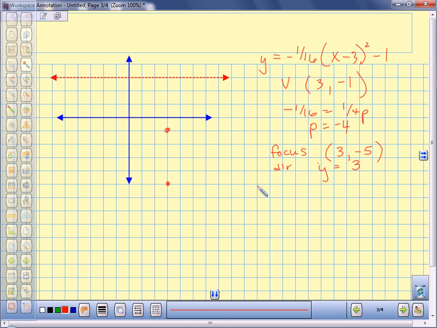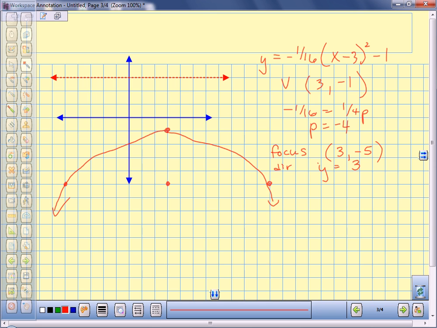And then I have a nice fat, wide parabola. Okay, so that should give us a lot of good practice with the parabola.